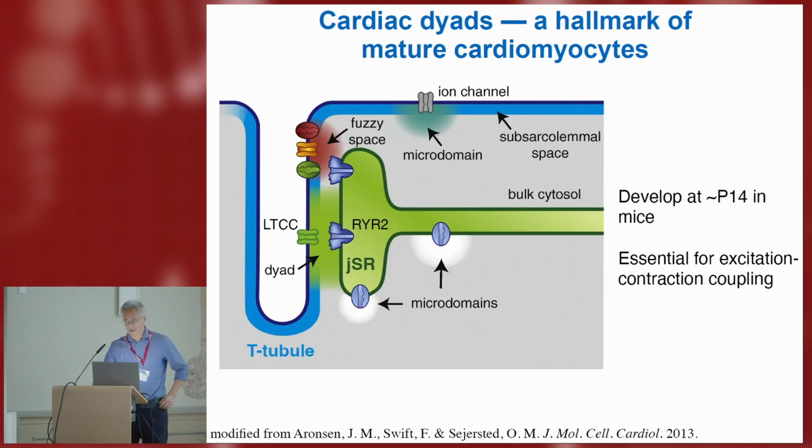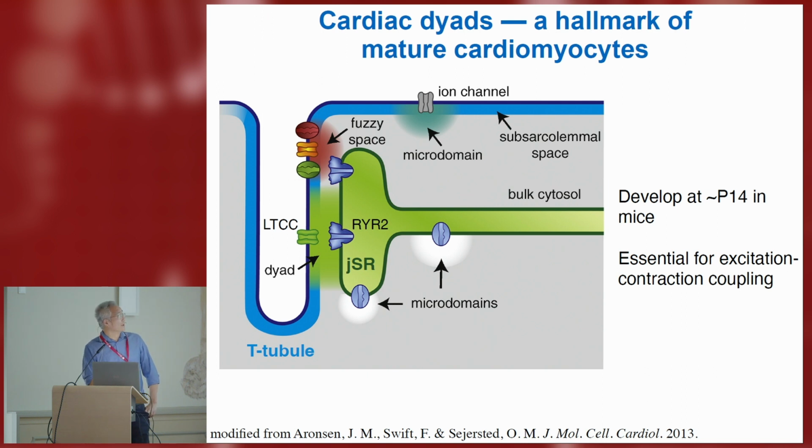But in this talk, I want to focus more directly on one of the hallmarks of myocyte maturation, which is the cardiac dyad. I originally got interested in dyads mostly because we were using them as a marker of maturation, but these are really amazing structures. So just to review, so everyone's on the same page. We have the T-tubules that are invaginations of the plasma membrane.